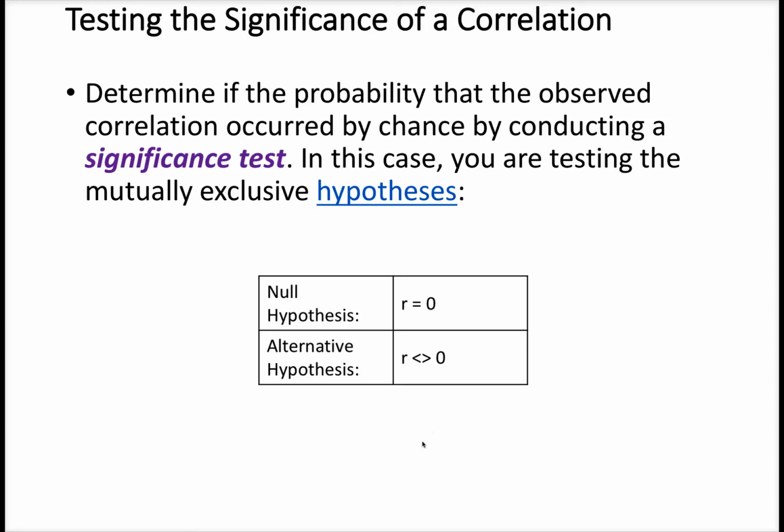Well, the way to answer that would be through a significance test, and the null hypothesis, which is R equals 0. There is no correlation, and this was just a fluke. This was just an accidental correlation by chance because of the 20 people we took. And the alternative hypothesis is that it's a real correlation that didn't occur by chance.